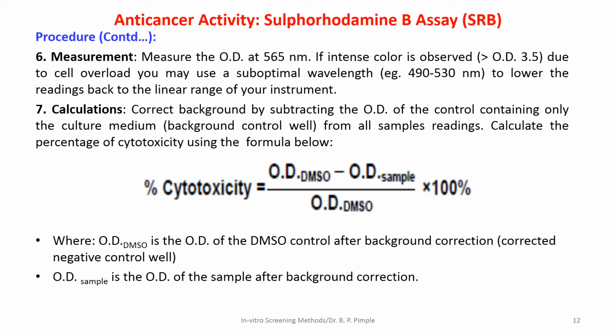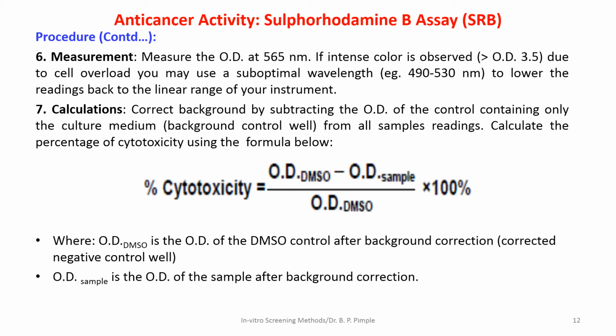That means percent cytotoxicity of a compound. Let us take an example here of doxorubicin. Percent cytotoxicity of doxorubicin will be equal to optical density of DMSO, DMSO meaning here the control well, minus optical density of doxorubicin divided by optical density of the control into 100.